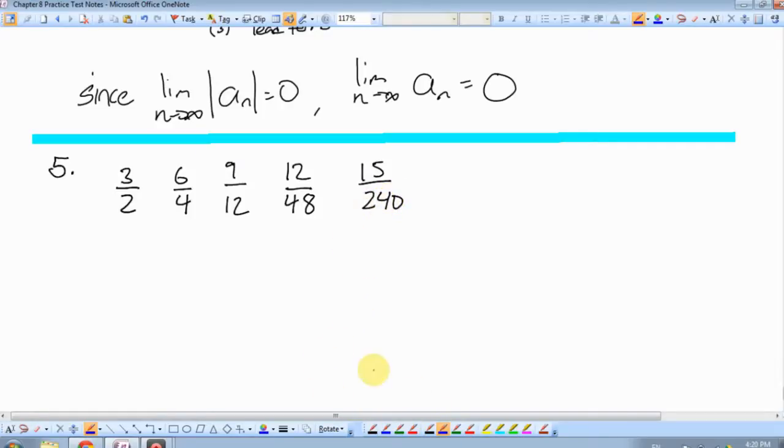And I think the idea here is let's just write down, let's pretend this is a sequence. We're going to have to figure out, well, when you have a ratio like this, my recommendation is that you look at the numerator and denominator separately.